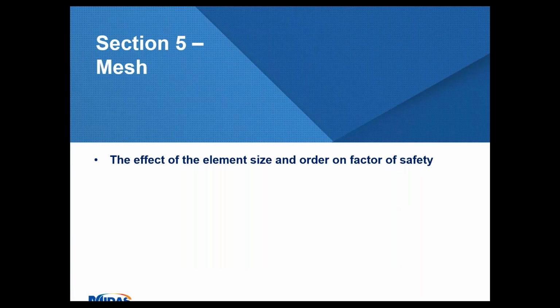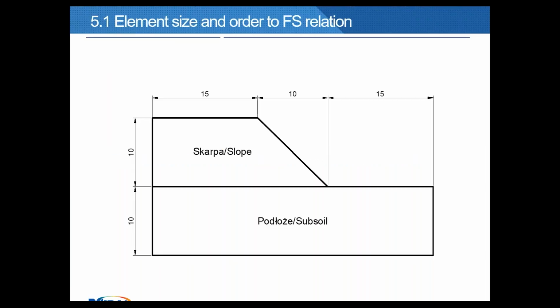A very important section of modeling stability is to properly choose the mesh size and mesh type. So now I say some words about the effect of element size and element order on factor of safety.